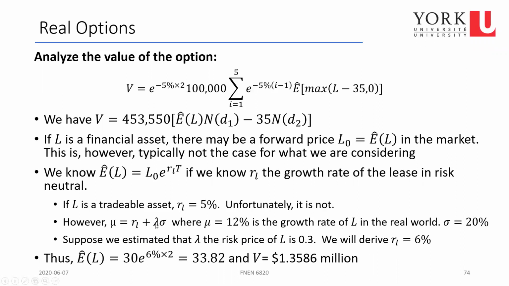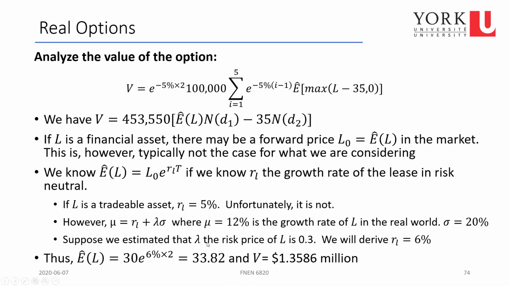So a lot of the things that we're talking about here, when you use the real asset, you will have to do some estimation, unless you have certain financial assets from which you can actually back out certain things. But if you are not in that situation, you may have to use those kinds of conditions to actually back out some of the things you would need.